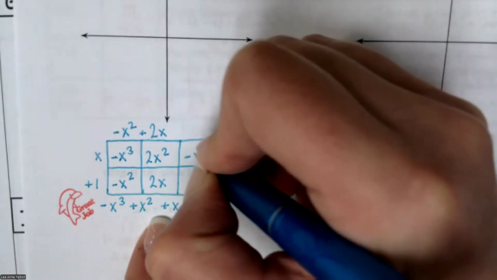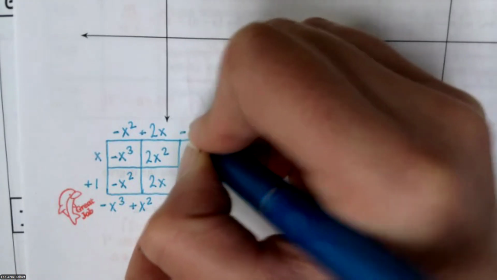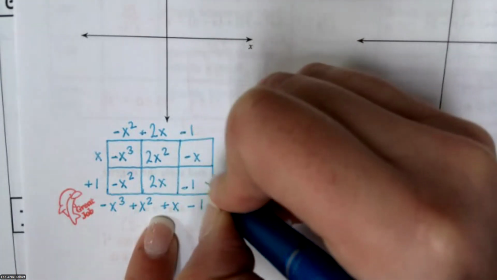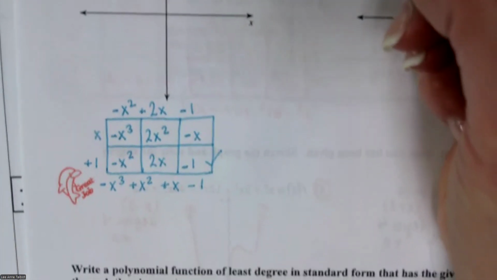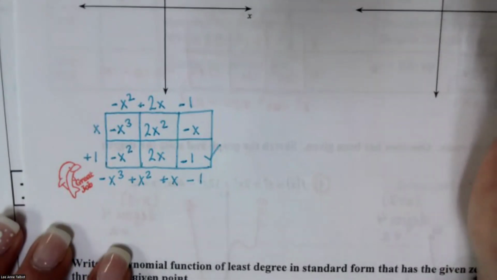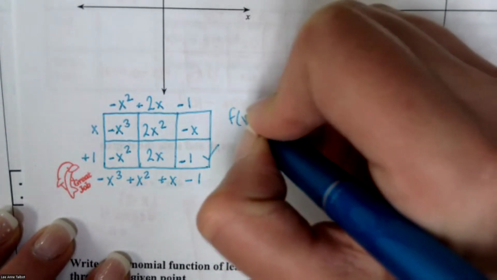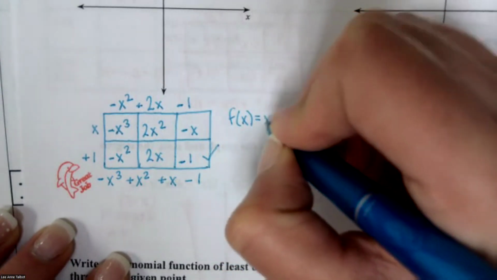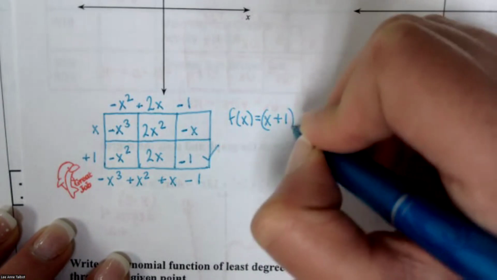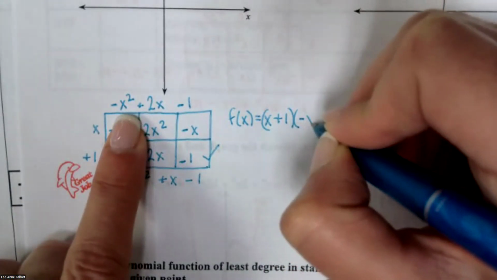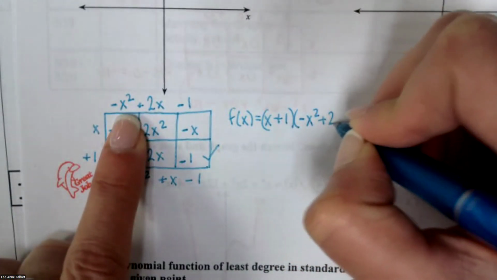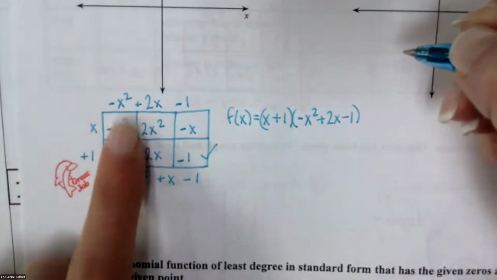I have 2x and I only need 1x, so I need to take away an x. And then that checks out. Okay, so for the moment, I have f of x equals x plus 1 negative x squared plus 2x minus 1.